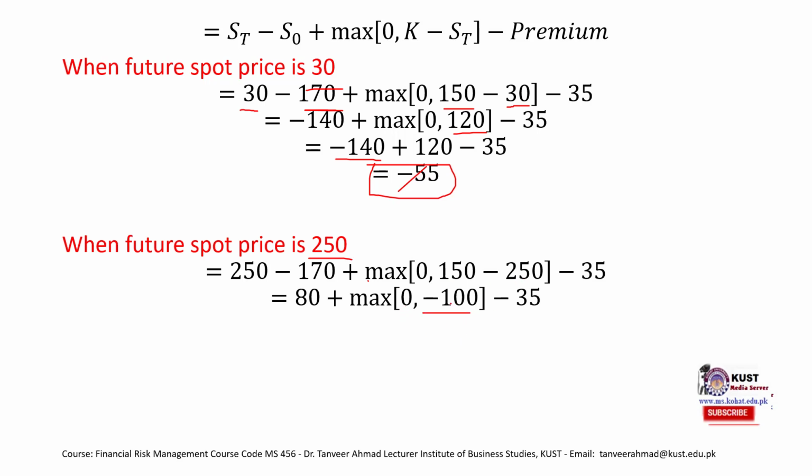What is the maximum value, 0 or minus 100? It is 0. So 80 minus 0 minus 35, it doesn't matter anyhow. So the answer would be plus 45. So we saw in our manual method that when the future spot price was 250, our profit was 45.